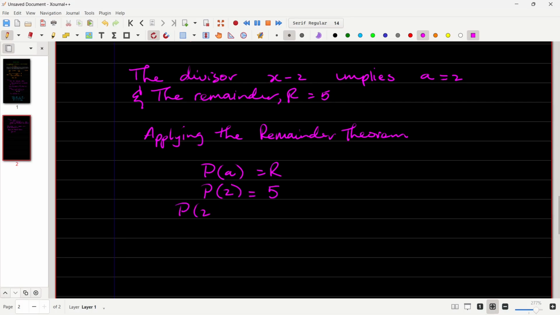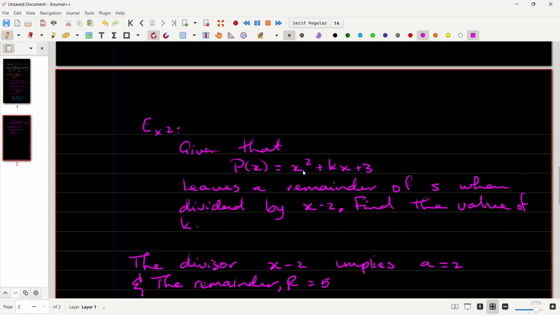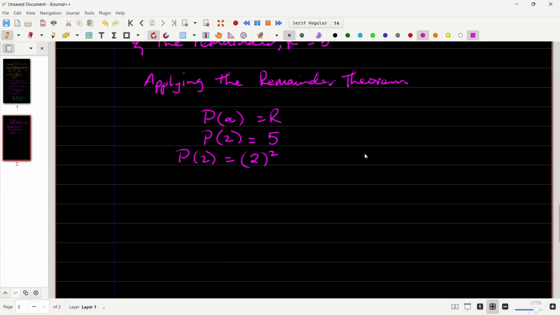P evaluated at 2 is 2 to the second power plus k times 2 plus 3. And that would be equal to 2 twos are 4, plus 2k plus 3, and this here is 2k plus 7.